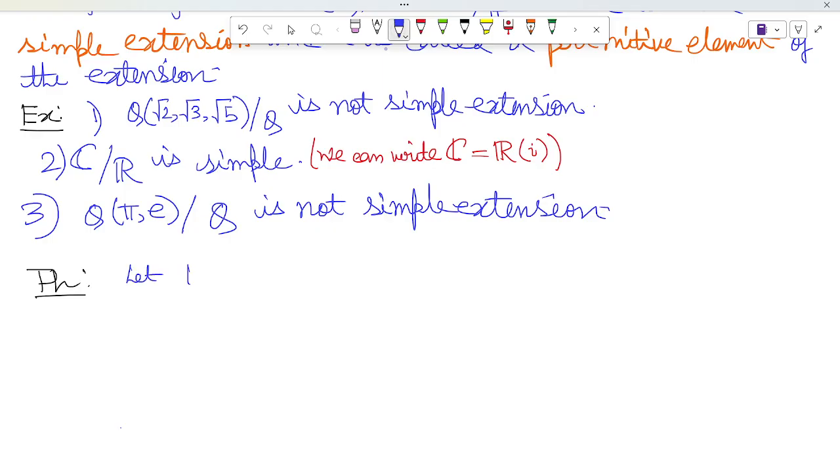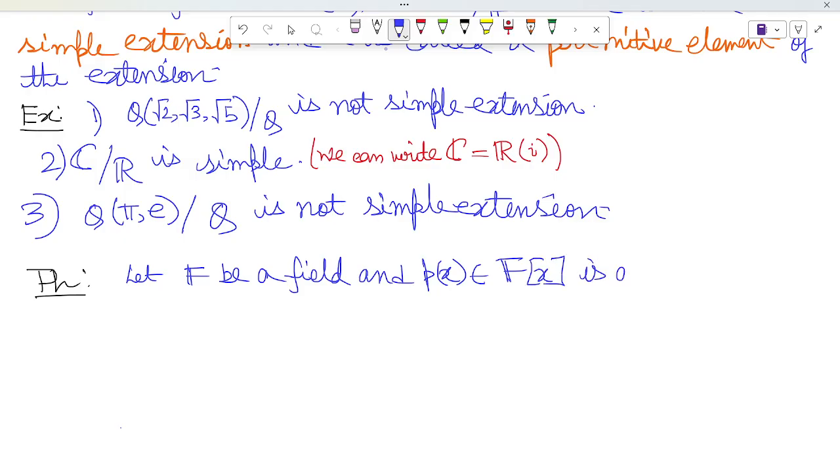Let F be a field and p(x) belong to F[x]. It's an irreducible polynomial.